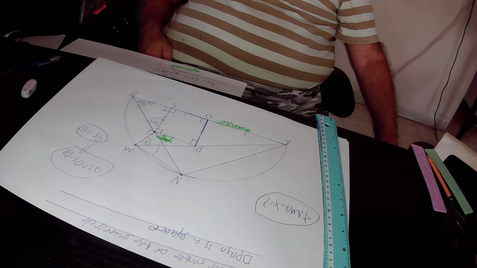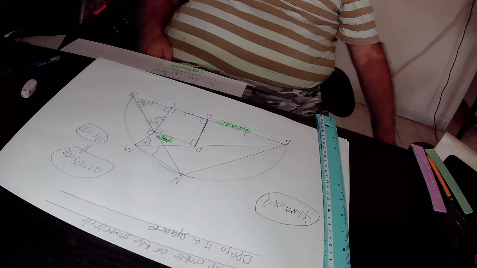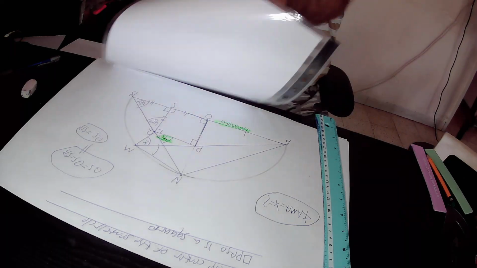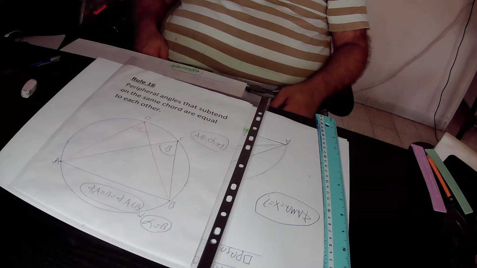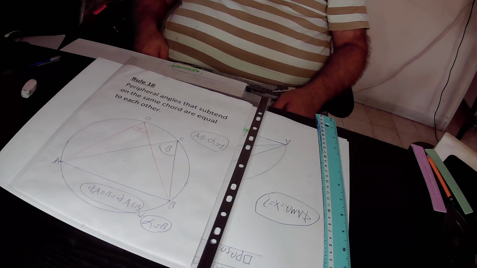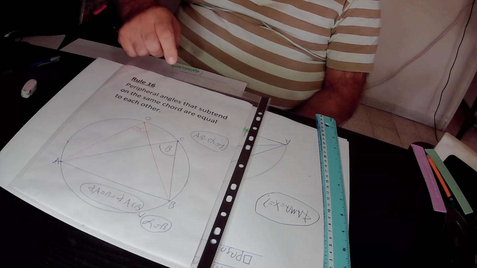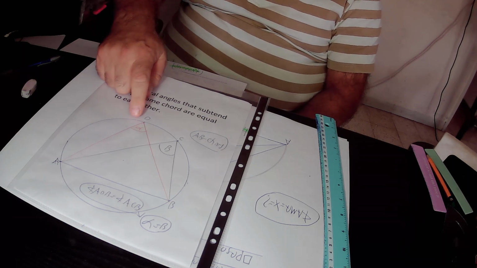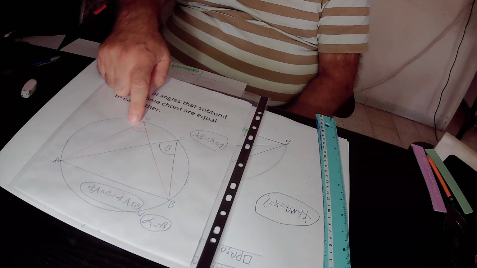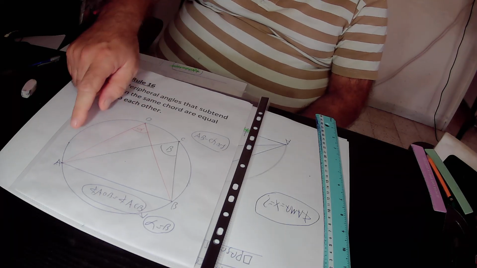According to rule 16, I repeat quickly rule 16: peripheral angles that subtend the same chord are equal to each other. In the drawing we have a circle. This is peripheral angle AOB that subtends chord AB.